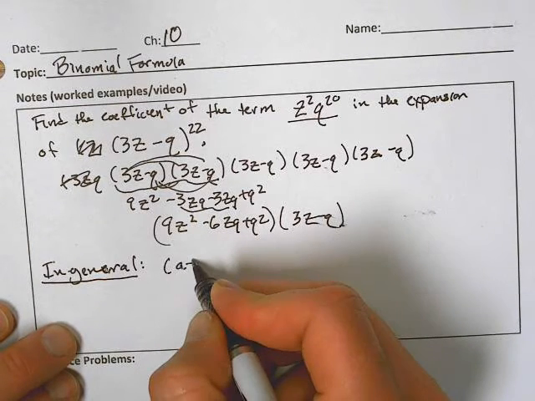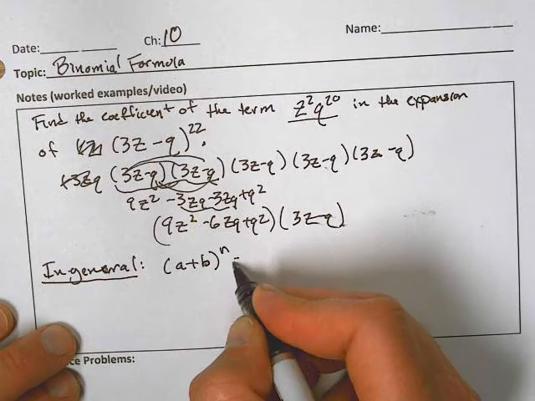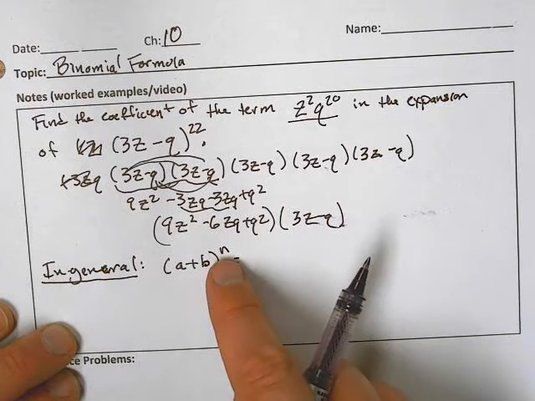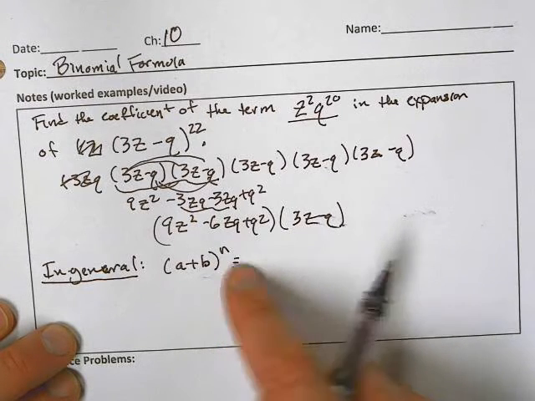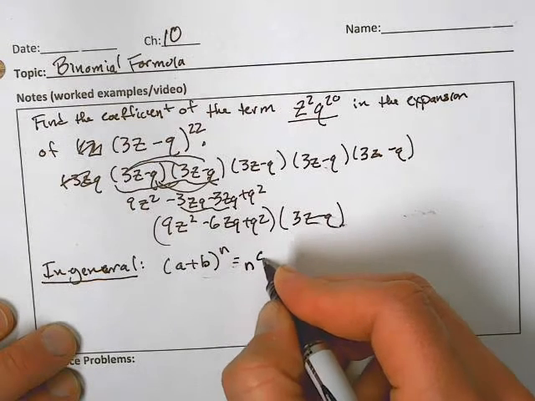Okay, if I have a binomial, a plus b to the n power, and I had to multiply that out, whatever that exponent is, it could be 20, it could be 22, it could be 2, whatever the degree of that binomial is, if you were to multiply out all the terms, they all have the following form. n choose 0.